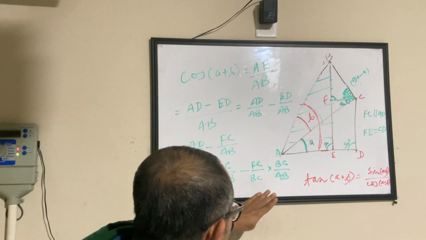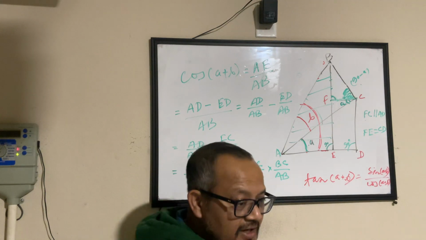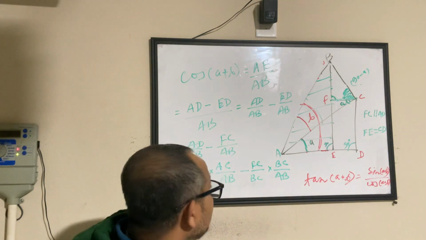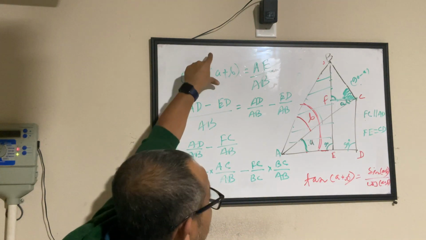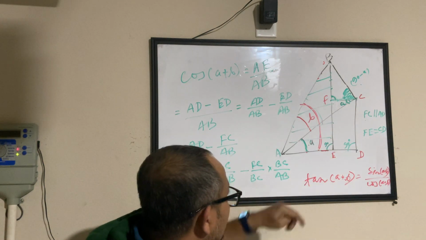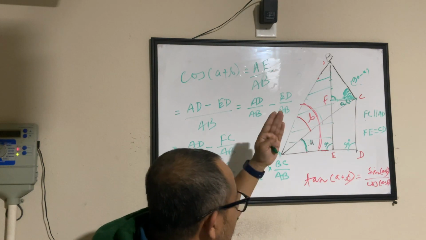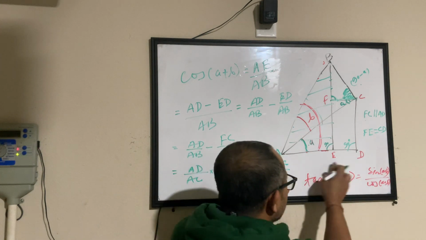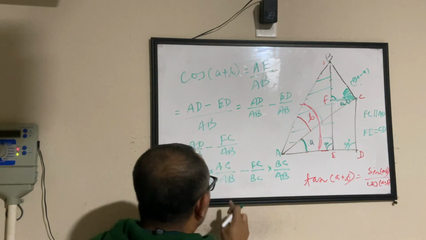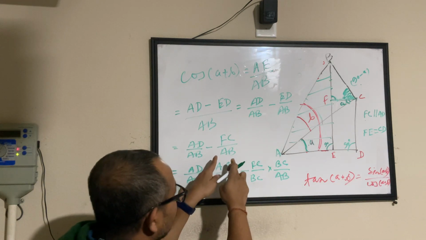So if you look at it, whatever I'm doing, these are very simple steps. It has more to do with the visualization part of it. How do you get cos of A plus B? The base by hypotenuse. Now this base doesn't exist by itself. This base I can say is this minus this. That's what I did, and I split that. Once I split that, this is not cutting ice for us.